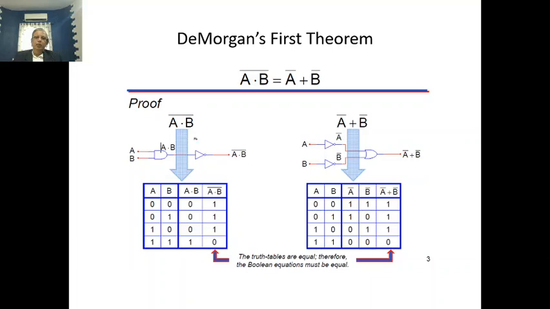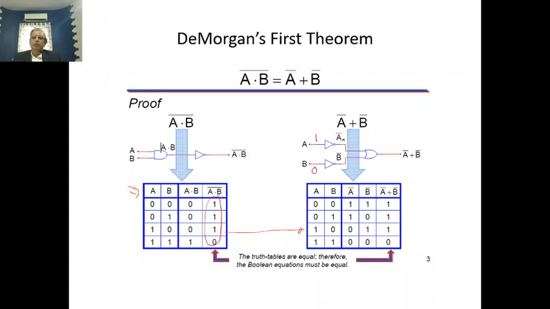Then this is the proof of De Morgan's theorem using the truth table. The first theorem, this NAND gate. This is the truth table for this NAND gate. Now you verify any one condition. Consider this condition. For this, this is 1 and this is 0.